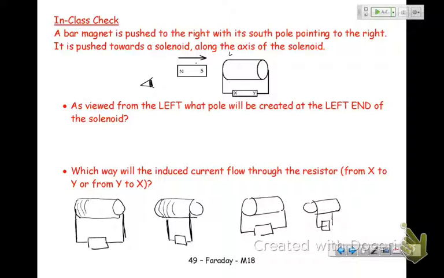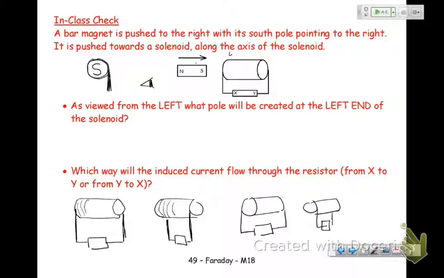Oh, okay. So if I look from the left, I see that, and this wire is on that side. Can you see that? If I'm looking at this from the left-hand side, I not only can see the circle, but I can see this wire, because that's going to come into it. I am having a south pole go towards this, so what pole will this create to keep me out?